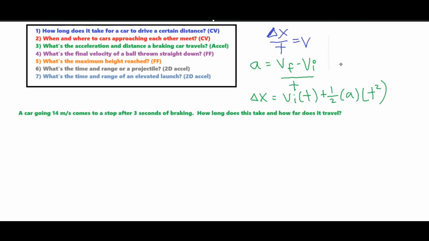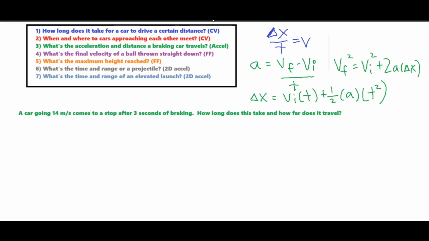And then our final formula that we're going to use is vf squared equals vi squared plus 2a delta x. Depending on what we're solving for, now we definitely have some more options, which is kind of a good thing and a bad thing.